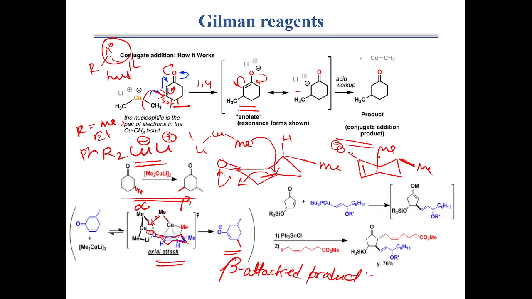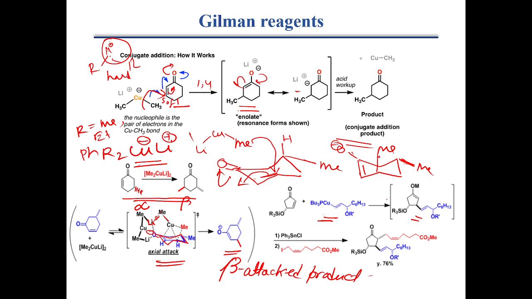So that's why the stereochemistry matters here. Here also this is a Gilman reagent. In the presence of this, this oxygen is alpha, so the attack preferentially happens through beta.